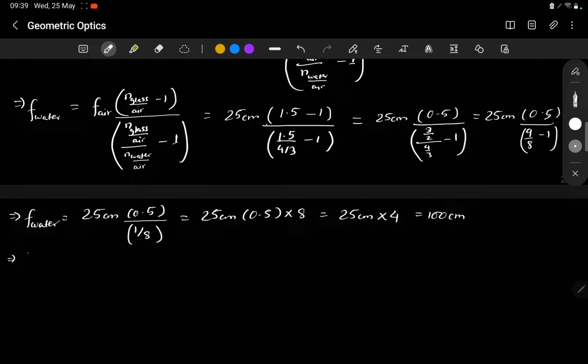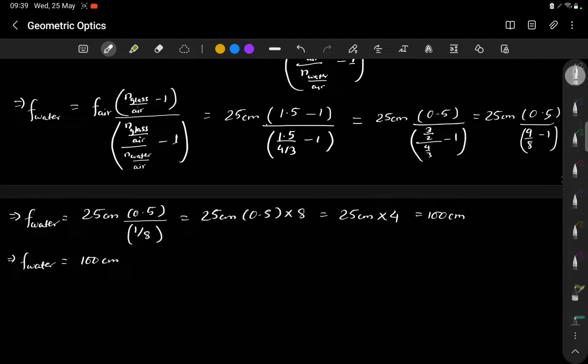So we found out the focal length of the lens in water is going to be 100 centimeters. It has increased.